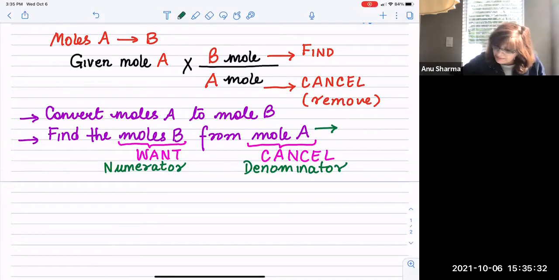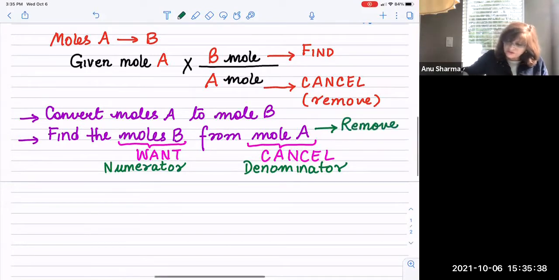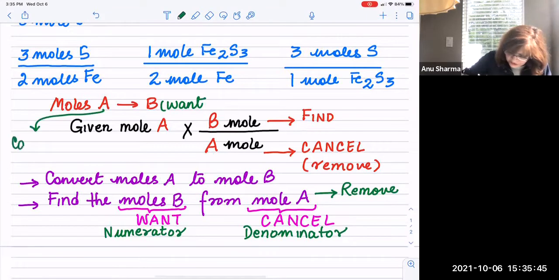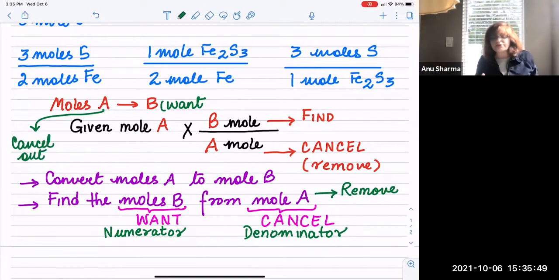Keep this in mind, that this is the one that you want to remove. So here, the moles that you want is here, and the moles of A is the one that you want to cancel out. So this is the whole setup.